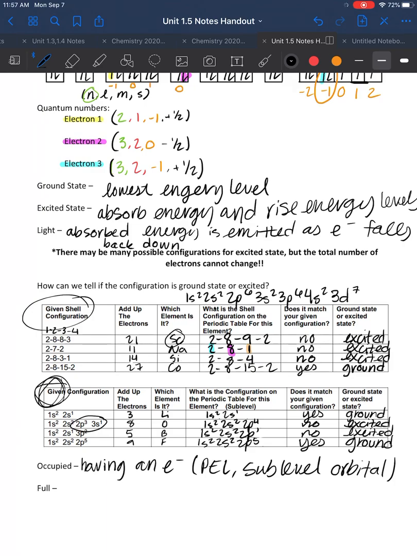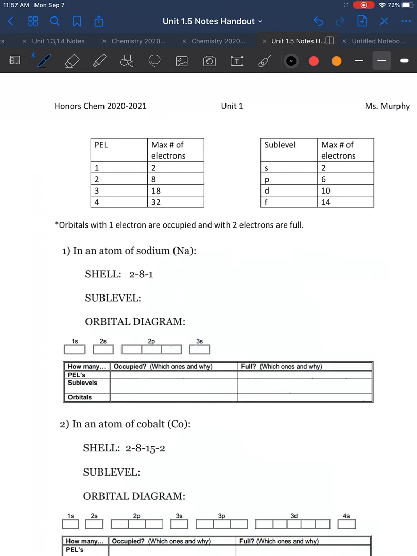This depends on what it is. So, maximum number of electrons in location. Because remember, an orbital only can hold 2 electrons, so 2, it's full. But the principal energy level, they can hold a ton. So even though some of the orbitals might be full, that doesn't mean a principal energy level is full. So we'll talk about that a little bit here.